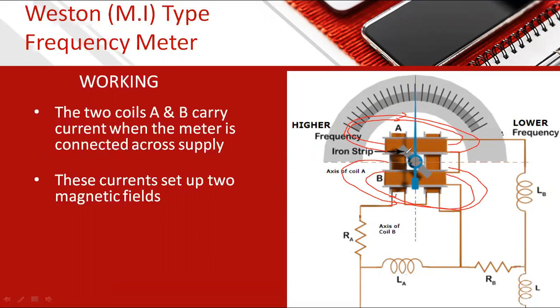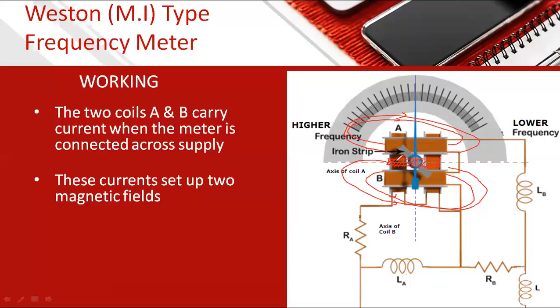So what happens is the iron strip will turn counterclockwise and it will try to attain the position that is shown here. When only coil A is excited, the iron strip will come to the horizontal position.